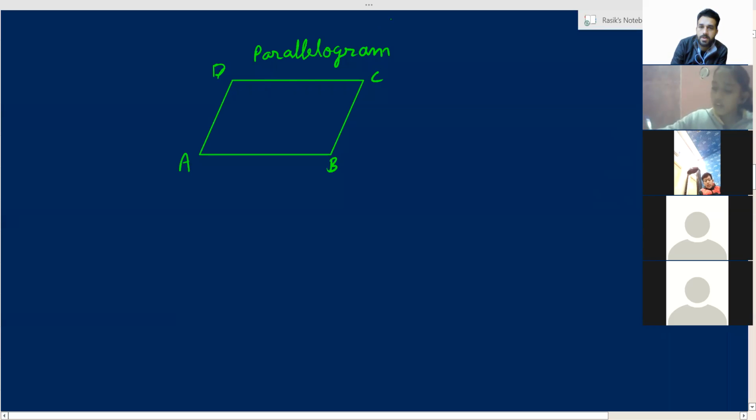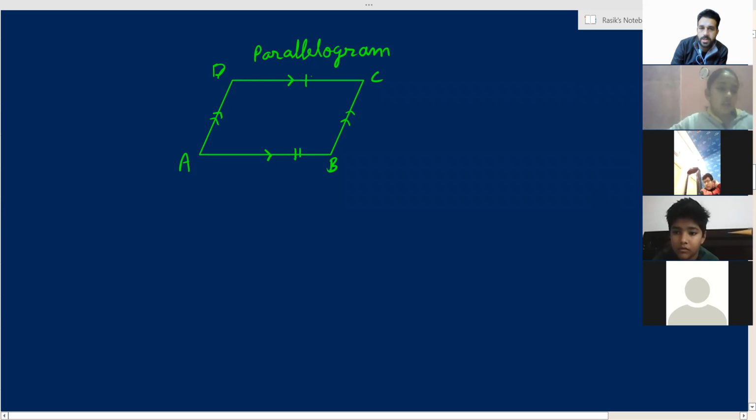What is so special about it? In a parallelogram, the opposite sides, that means AB and CD, are parallel to each other. Opposite sides are parallel, and they are also equal to each other. These cuts that I put show that the two sides are equal. If I have put double cuts, these two are equal.